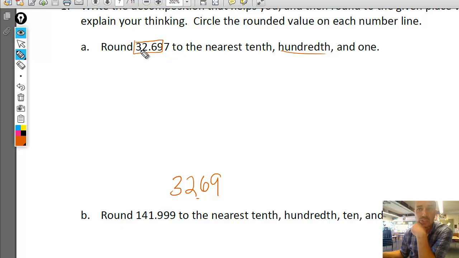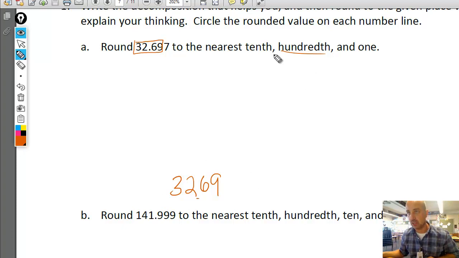How many pennies would $32.69 be? That would be a lot of pennies, wouldn't it? We're talking about a big stack of pennies, and ultimately that would be 3,269 pennies. So 3,269 hundredths is the same as 32 and 69 hundredths. It's all the same thing.